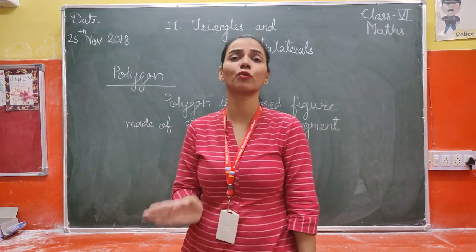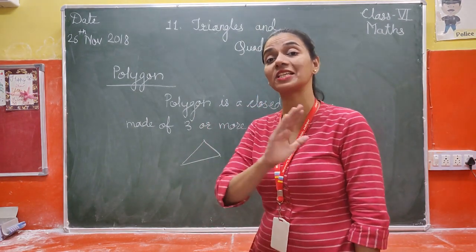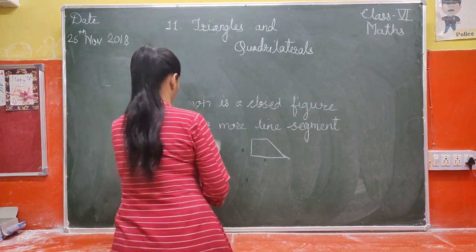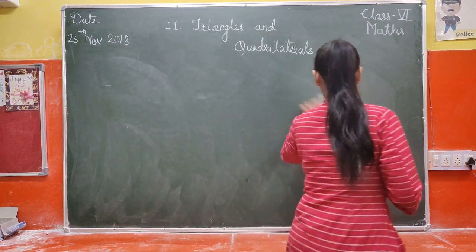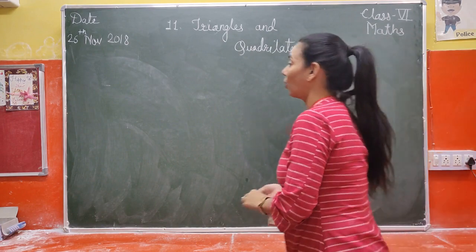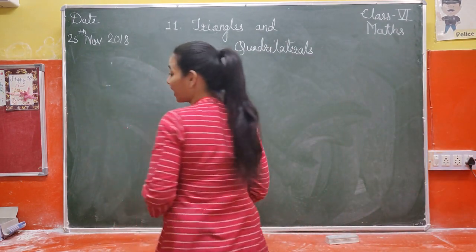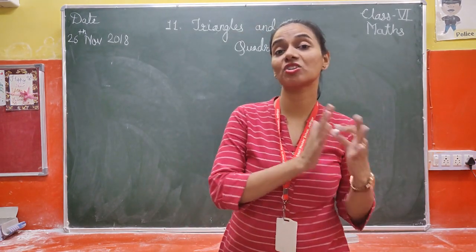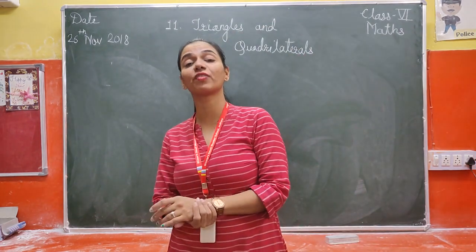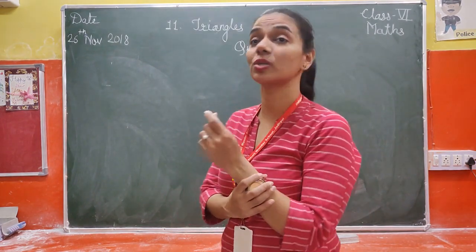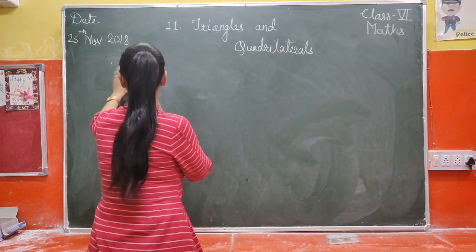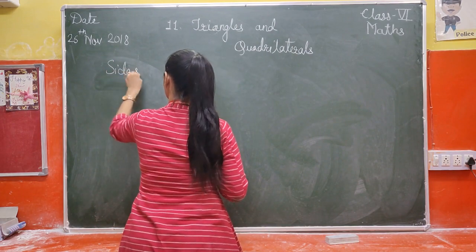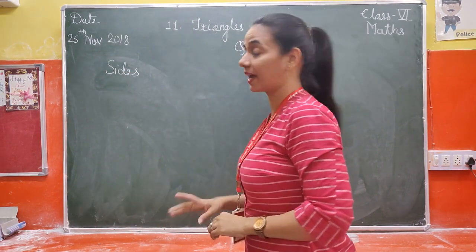There are different types of quadrilaterals and triangles. First of all we'll see the types of triangles. Triangles are classified in 2 ways. They are classified based on their sides, and they are also classified based on their angles, right? Let us see how. The first one is based on size. There are 3 types of triangle.